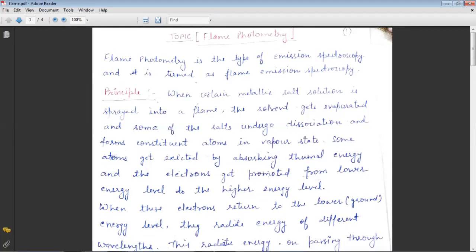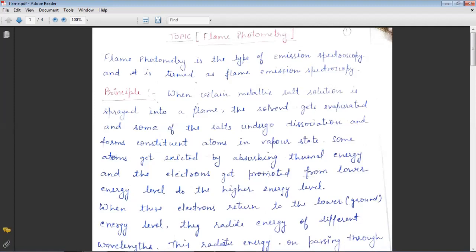The first S block elements, sodium and potassium, have one electron in the outermost shell, so this electron is easily excited with some energy and goes to a higher energy level.